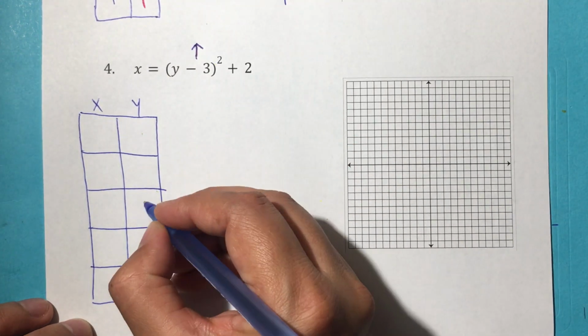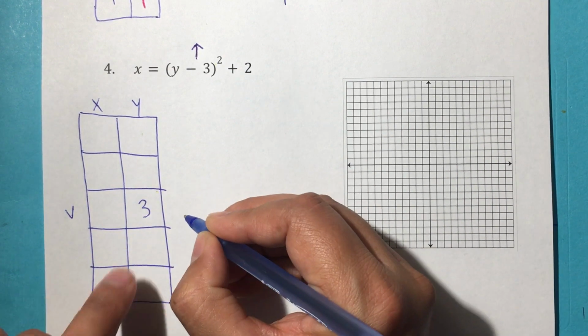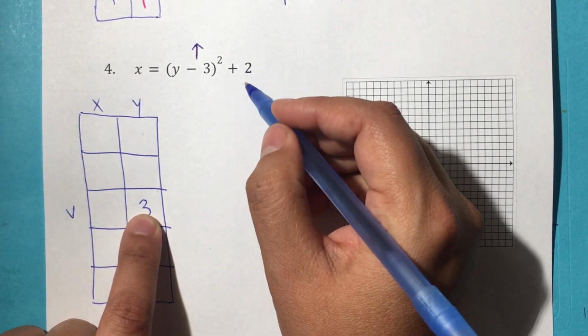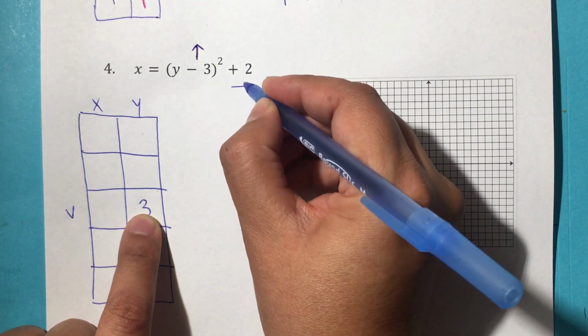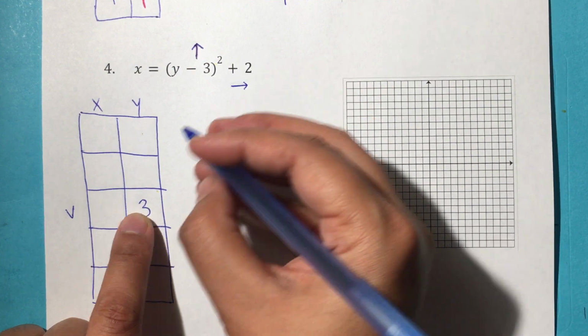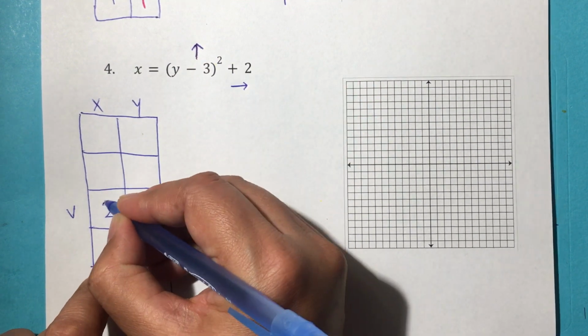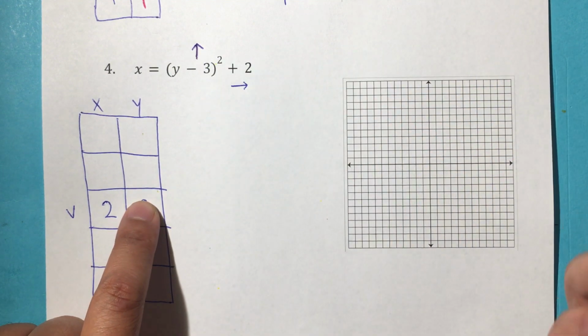That means that the y will be 3 for my vertex. And for x, it's outside, so when it's outside, it just follows the path, but on x, okay? And so that will stay. It's only when it's inside of the parentheses that you change the sign and the direction.